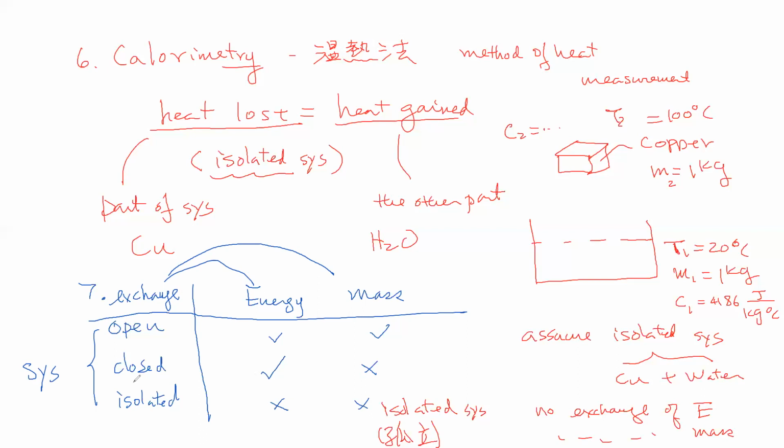And now we're going to talk about the latent heat. Number 8. Latent heat. 潜热. In Chinese, this says qian. Qian means hiding, hidden. And heat is 热.